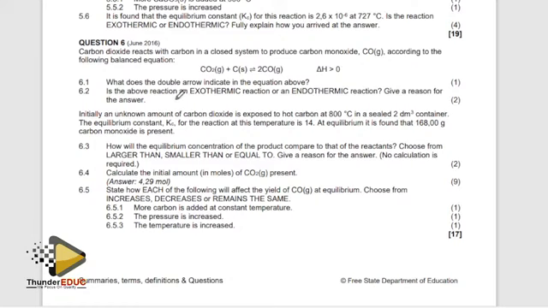Then they are asking, is the above reaction endothermic or exothermic? You have to look at the enthalpy change here. If it is greater than 0, then it means that it is endothermic. If it is less than 0, it means that it is exothermic. So in this case, it's greater than 0, therefore it is endothermic.